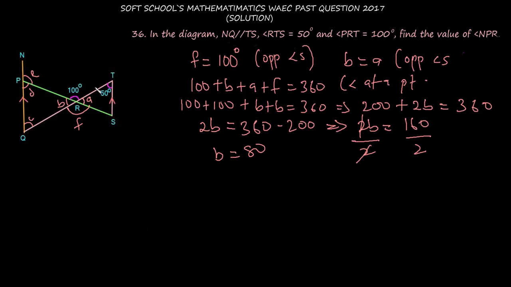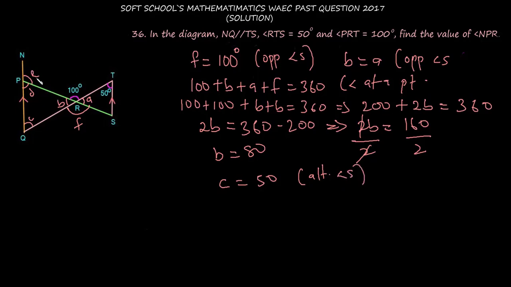Now what we want to find is E. Like I said earlier, if you see this sign, what you are looking for are alternate angles. This is an alternate angle to this angle, so C is equal to 50. Why? Alternate angles are equal.